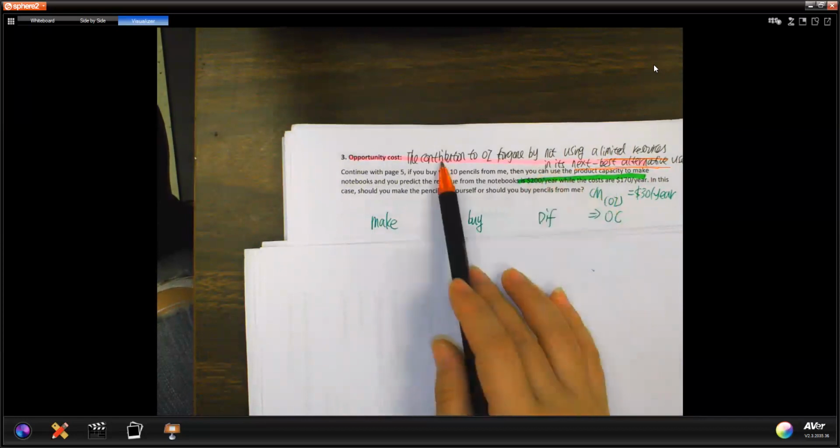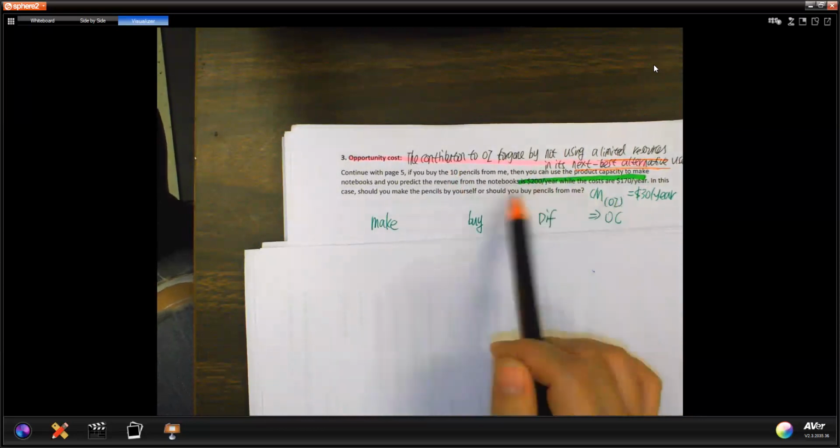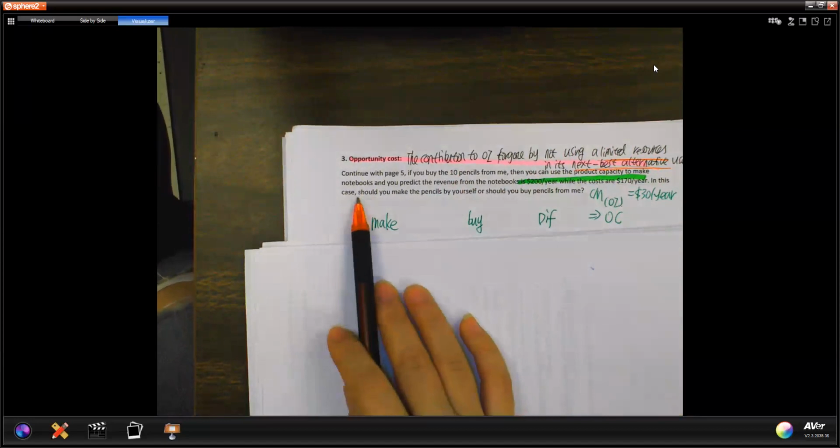So the contribution margin that we could have got by making the notebook if we purchase the pencil is $30 per year. So you can use the space to make notebooks. Should you make the pencil by yourself or should you buy the pencil?